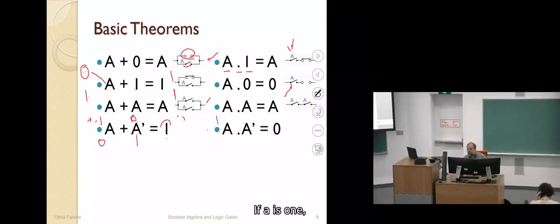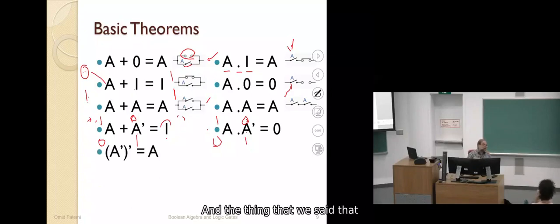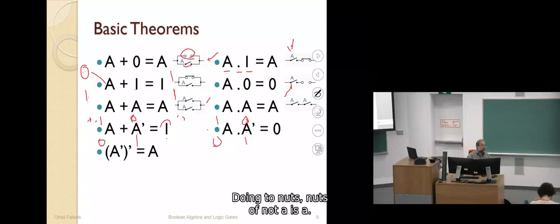Here, if A is 1, A bar is 0, so 1 and 0 is 0. If A is 0, then A bar is 1, and 0 times 1 is 0. A plus A bar is 1. A dot A bar is 0. And the thing that we said, that negating the negated one gives the same: A bar bar, two NOTs, not of not A is A.